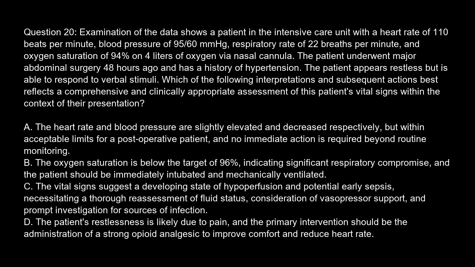Option C. The vital signs suggest a developing state of hypoperfusion and potential early sepsis, necessitating a thorough reassessment of fluid status, consideration of vasopressor support, and prompt investigation for sources of infection. Option D. The patient's restlessness is likely due to pain, and the primary intervention should be the administration of a strong opioid analgesic to improve comfort and reduce heart rate.